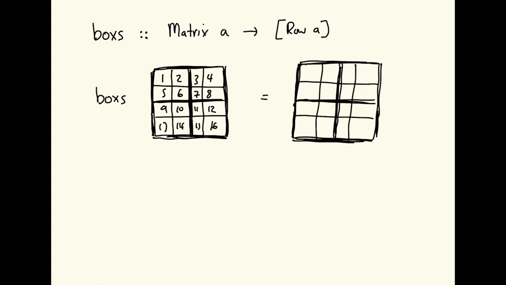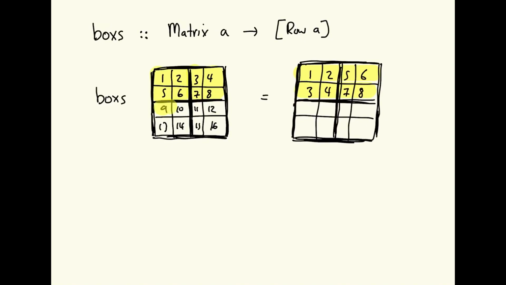So we're going to do the same kind of thing as we did with columns, but this time we're doing it with boxes. So here's the first 2 by 2 box. What we're going to do is pull this out as the first row. So over here we will get 1, 2, 5, and 6. And then we have the second 2 by 2 box, 3, 4, 7, and 8, and we have that over here. So we get 3, 4, 7, and 8.